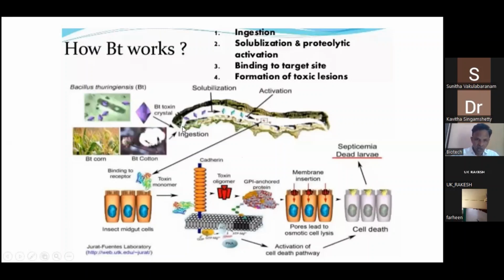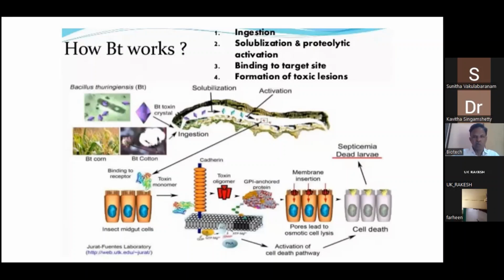Once this toxin enters into the gut of the larvae, they die because of the puncture that is created on the internal membrane surface of the larvae. So scientists have isolated the cry gene from Bacillus thuringiensis and inserted it through genetic engineering into the cotton plant, also into the brinjal plant.